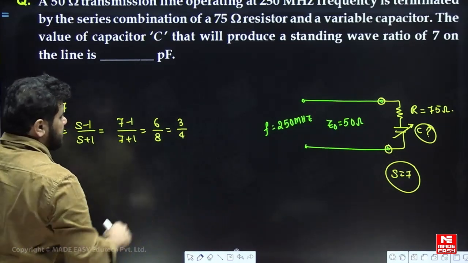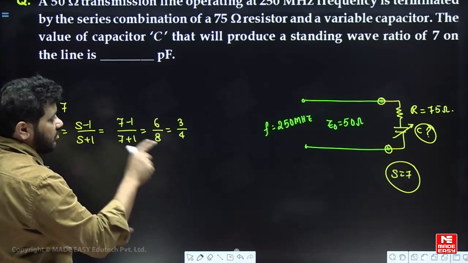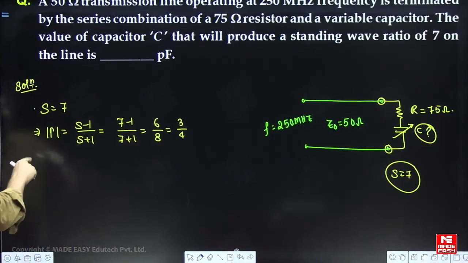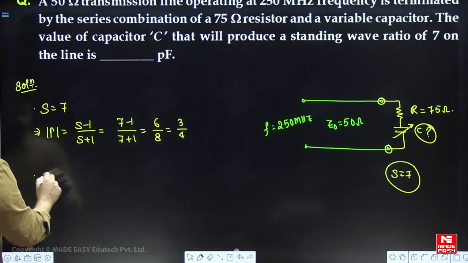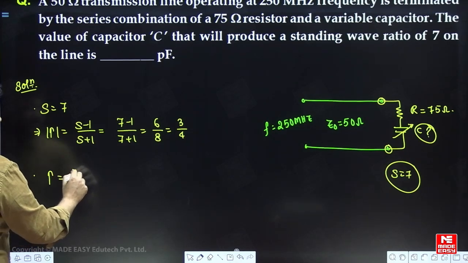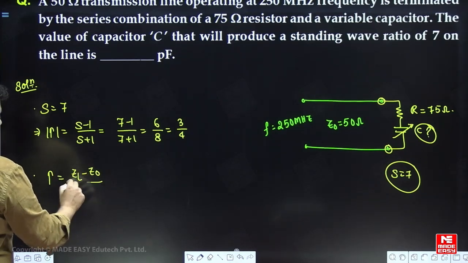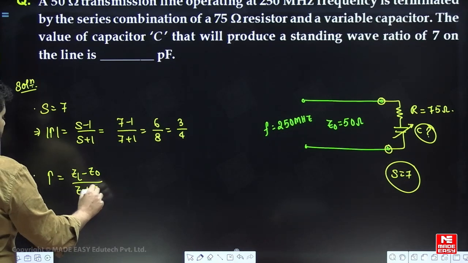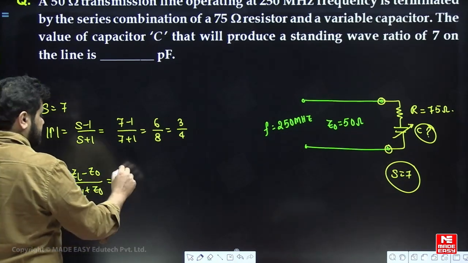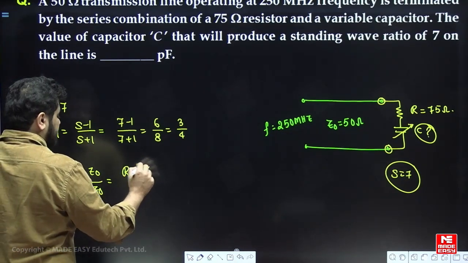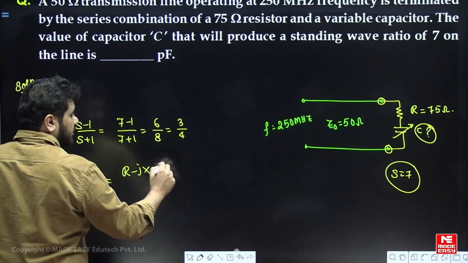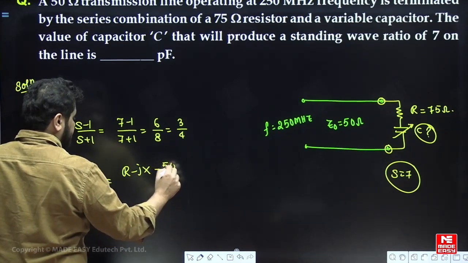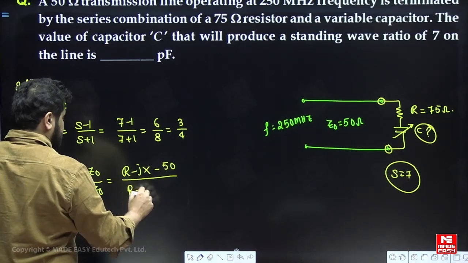Now here, they are asking what is the value of capacitance. Gamma, we know that it is equal to (ZL minus Z0) upon (ZL plus Z0). What is ZL? ZL is equal to R minus jX, and Z0 is your 50, so it is (R minus jX minus 50) divided by (R minus jX plus 50).